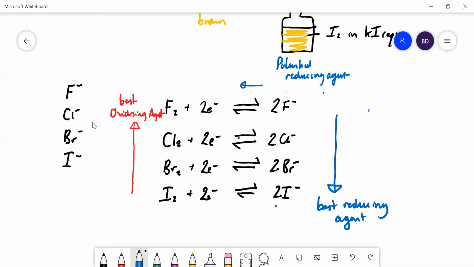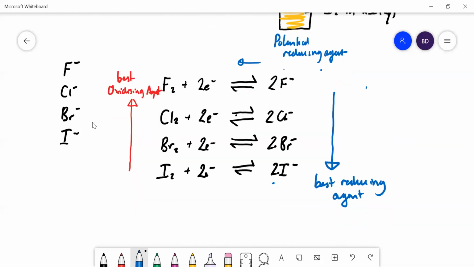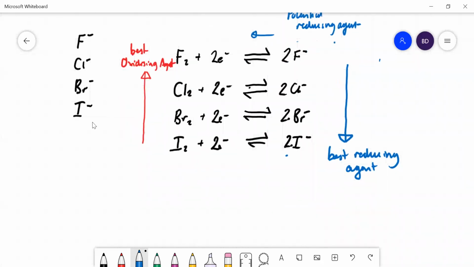Okay, so let's have a think about some halogen displacement reactions, which you have done in year 11, but let's have a look at it now. So halogen displacement reactions.